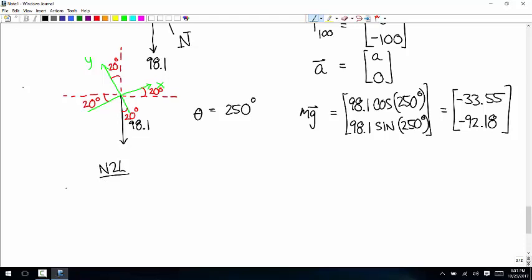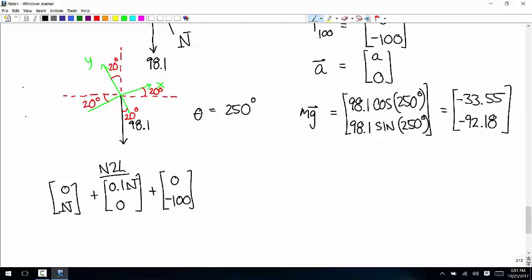Okay, so now we can finally put this all together in Newton's second law. So we have 0 N plus 0.1 N, 0 plus 0, negative 100 plus negative 33.55, negative 92.18 is equal to the mass, 10 kilograms, times the acceleration.